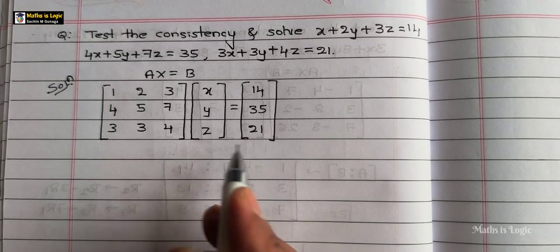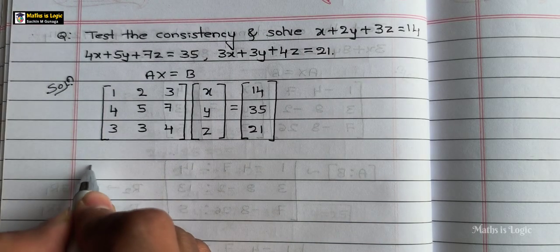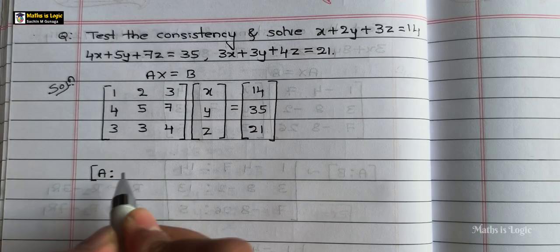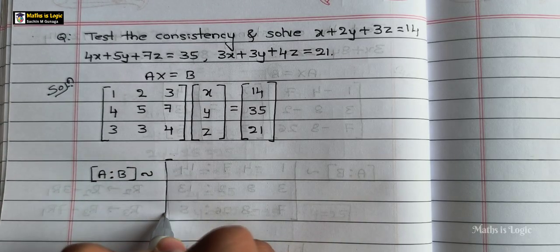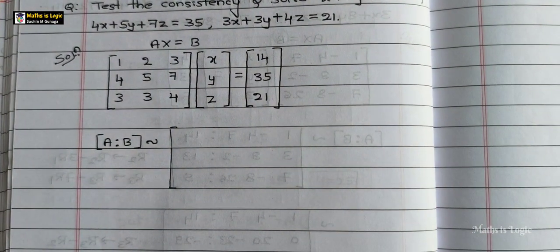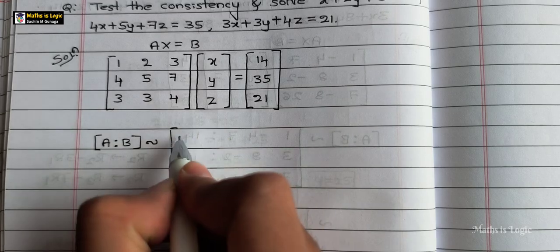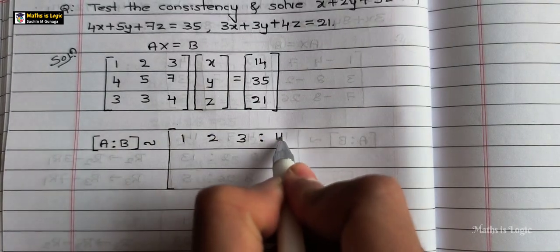Next, using this matrix form, write the augmented matrix. First row 1, 2, 3, 14.